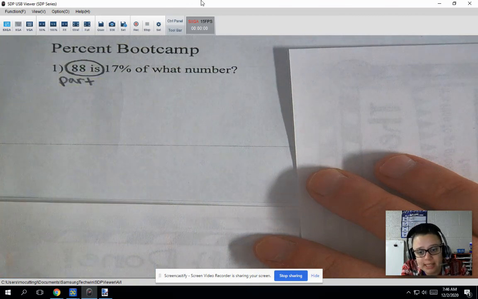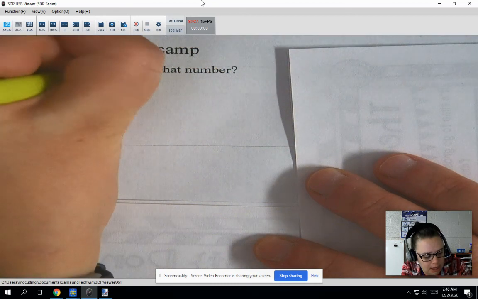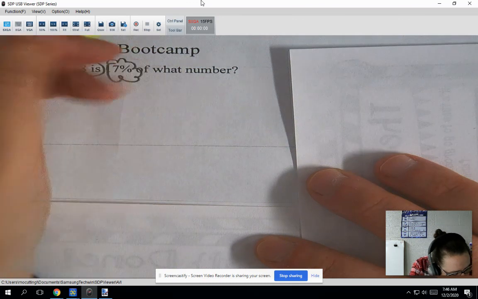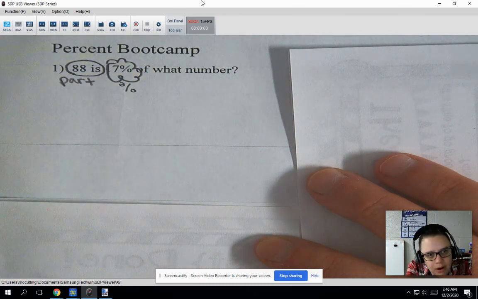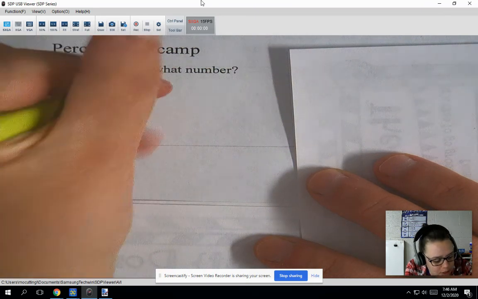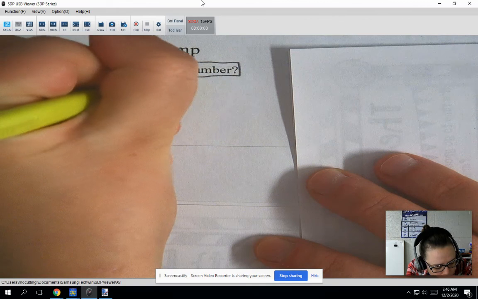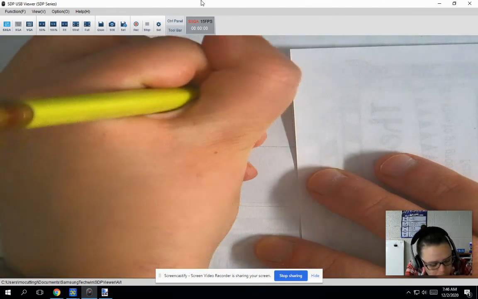I have a percent symbol, so I know that's my percent. And then of what number? My of is missing, so I don't know what my whole is. And I'm always going to label this as the whole slash 100%, and we don't know what that is.